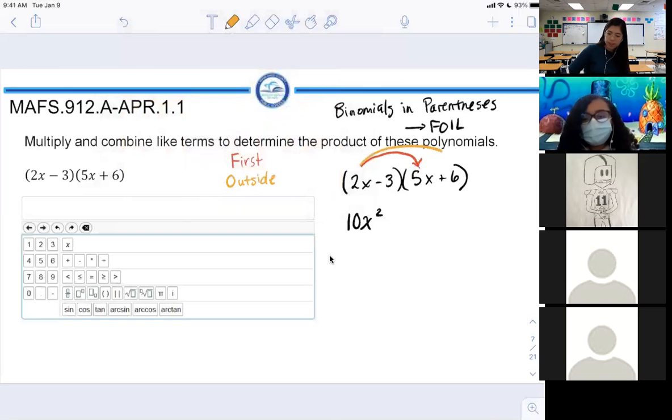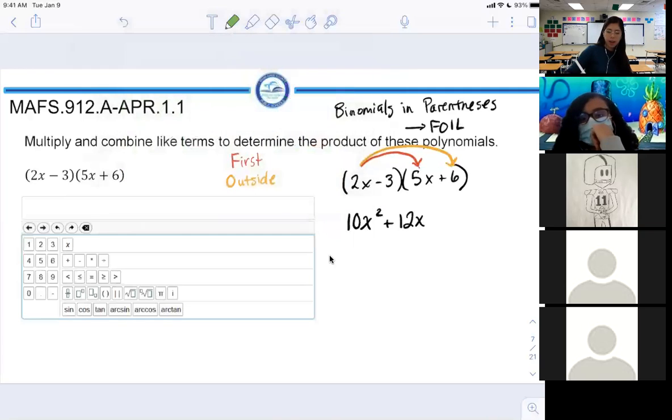So 2x times 6, what does that give me? So it's going to be 12, but it's just x because it's 2x and 6. The 6 doesn't have an x with it, so I only have one x. So it's just 12x.